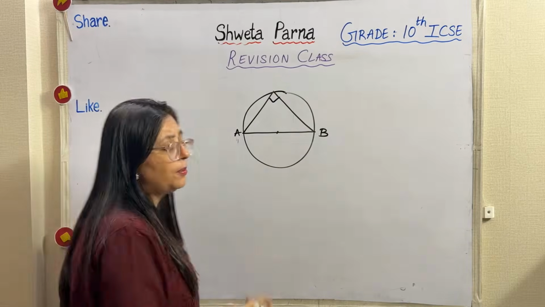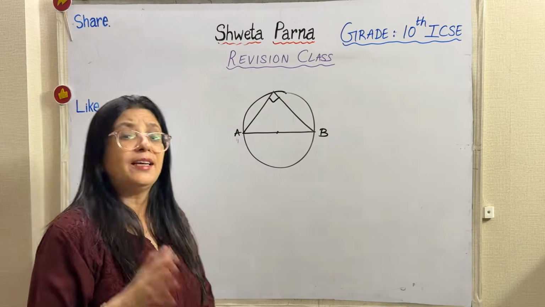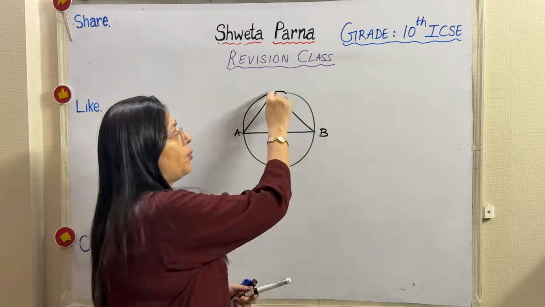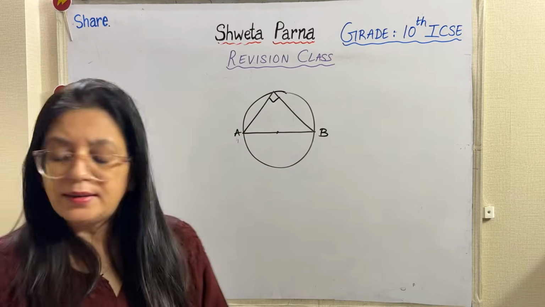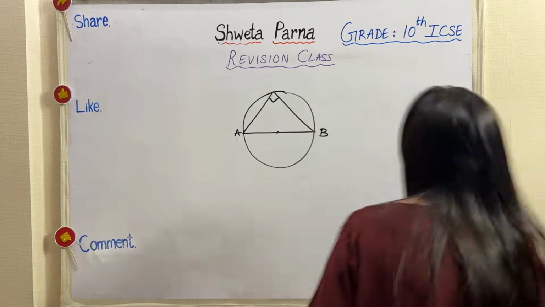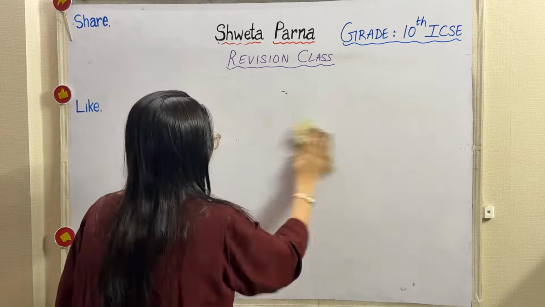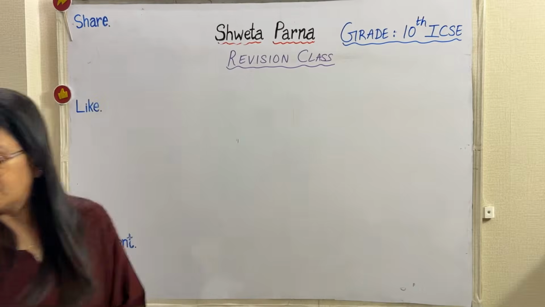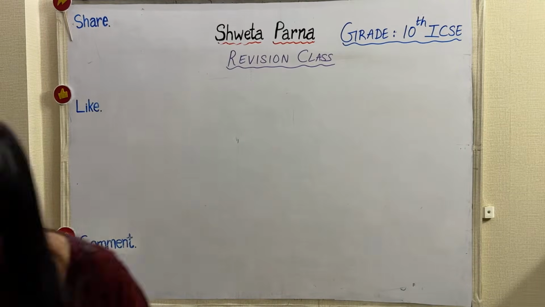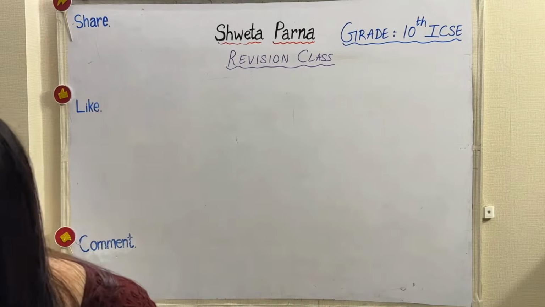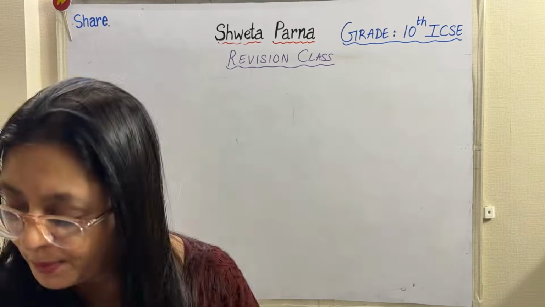So the theorem is angle in a semicircle is a right angle, provided the point is on the circle. The next theorem. So we are done with most of the theorems from angle and cyclic properties.